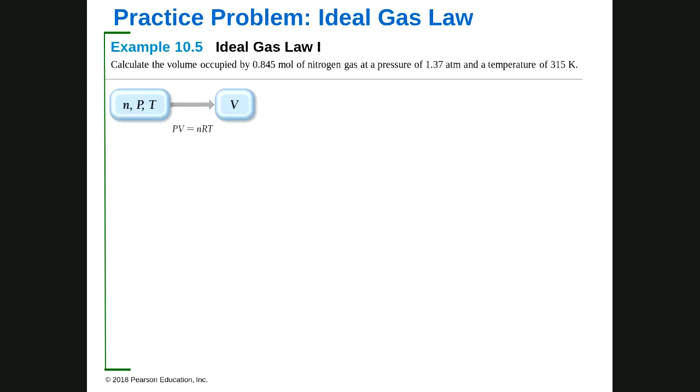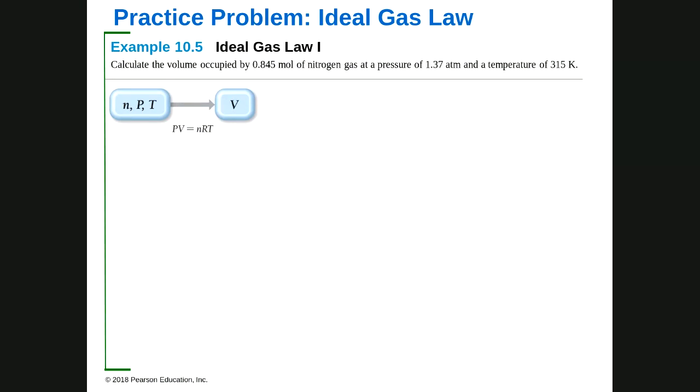So calculate the volume occupied by 0.845 moles of nitrogen gas at a pressure of 1.37 atmospheres and a temperature of 315 Kelvin. Now, those of you who want to be defiant and not take inventory, this is where you're going to get in trouble.